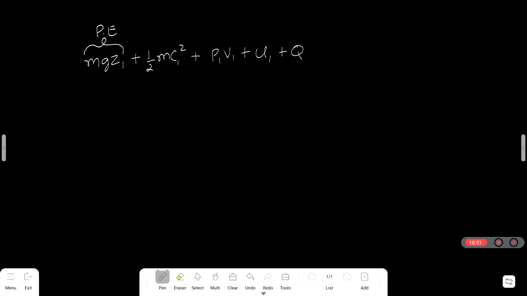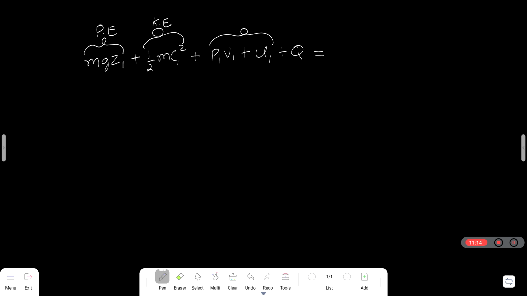Next, the kinetic energy. This entire thing is the enthalpy: flow energy plus internal energy, both put together, is enthalpy. Plus the heat added to the system. This is the input to the system.